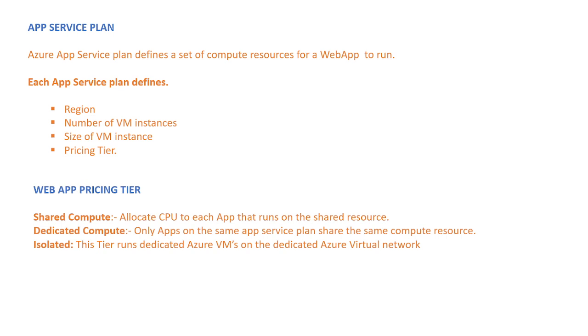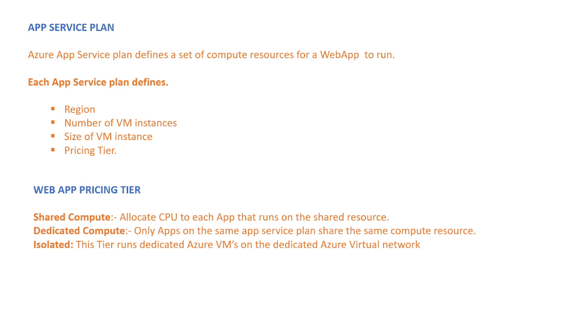So when you opt for shared compute, they will deploy multiple applications in the same server, and you don't have visibility of the server or the underlying hardware and compute, because it is a platform as a service. They will only give access to your application, but in the backend they deploy multiple applications in the same compute.